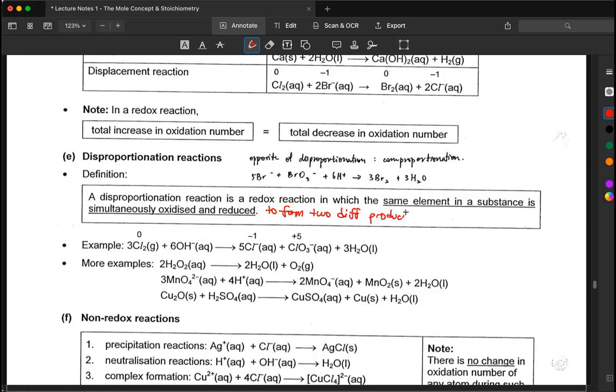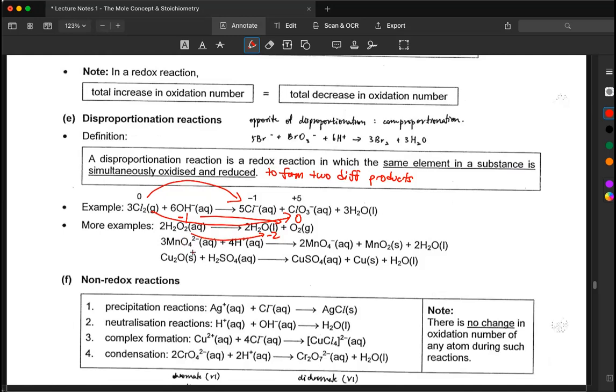For example, you have chlorine, the oxidation number is 0. It is reduced to -1 and oxidized to +5 simultaneously to form two different products. Likewise for hydrogen peroxide, in peroxide, oxygen is -1. So it will become 0, oxidized, and it will reduce to -2.